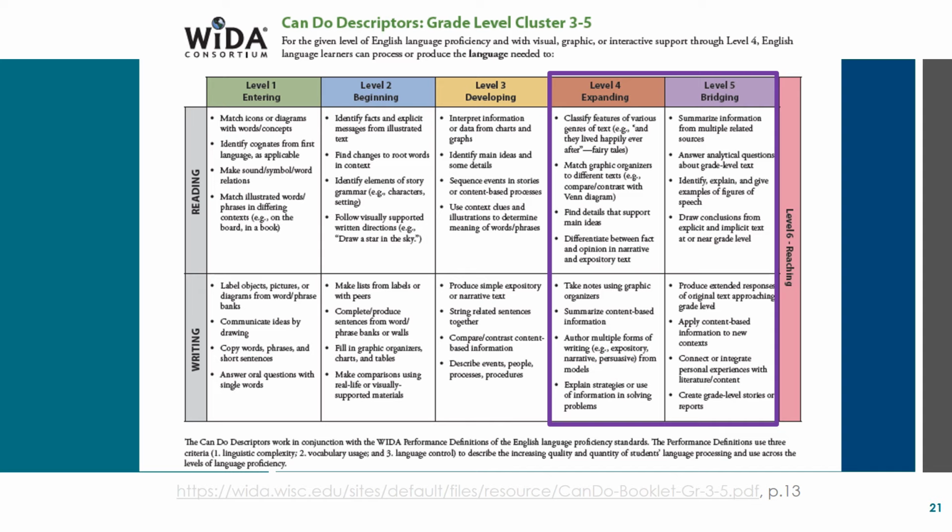If you take a look at what they can do with reading and writing at those levels, it's very similar to what all of your students can do in your classroom. So that's where we see that transition of our students when they are in levels 4 and 5, and especially the high 4s, that means 4.5 and higher. They are students who need very little scaffolding to be able to perform in your classrooms.